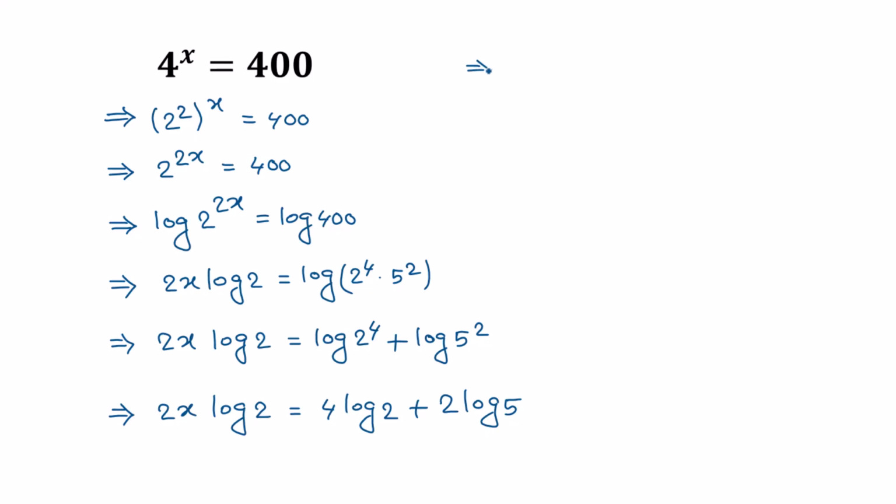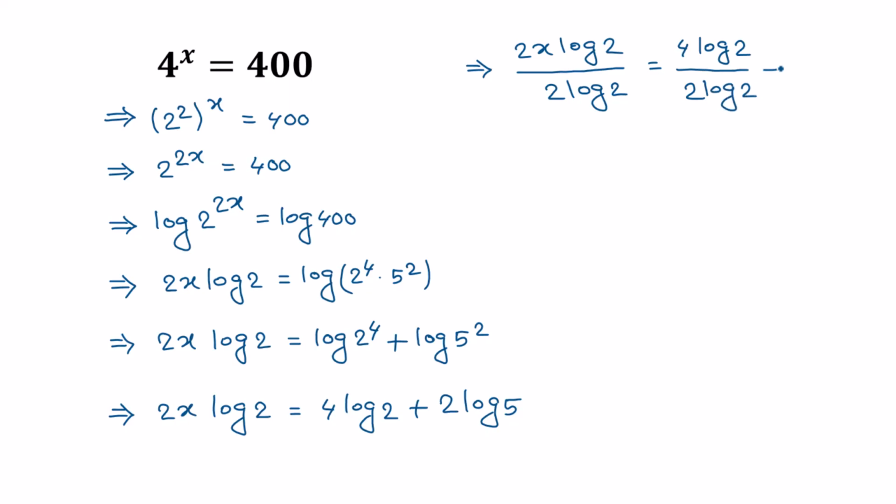So the left side will be twice x log of 2 divided by 2 times log of 2, and the right side will be 4 log of 2 divided by 2 log of 2, plus the second term, 2 log of 5 divided by 2 log of 2.